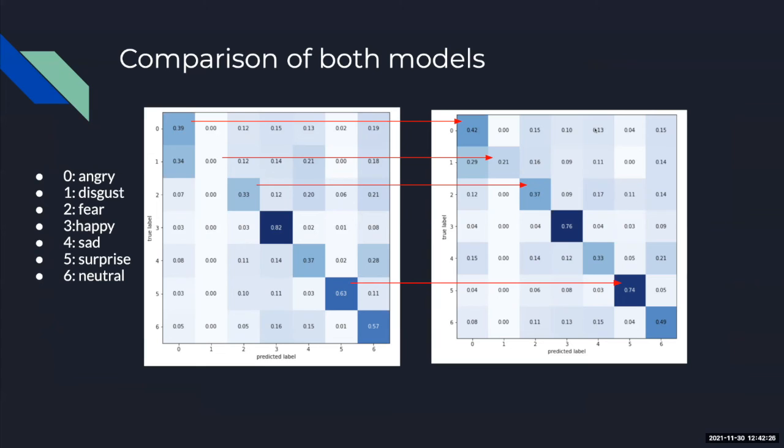As we saw previously, the true positive prediction of disgust is 0.0, which means there's no prediction of disgust at all. But now we can see there's a 0.21 precision score for the prediction of disgust. Where the baseline model cannot predict disgust, the final model definitely performs much better.